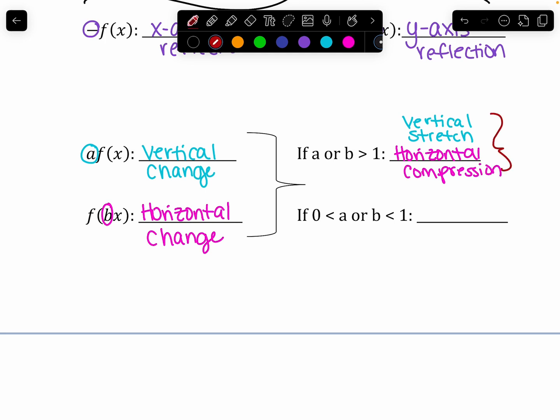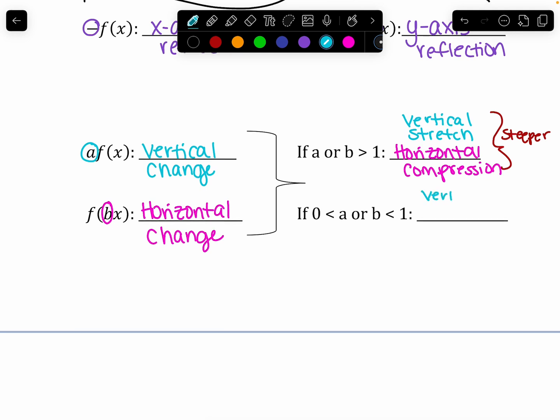But either way, your graph is getting steeper. If your A or B value is between 0 and 1, a fraction like 1/2, 2/3, 4/10, this is going to be a vertical compression.